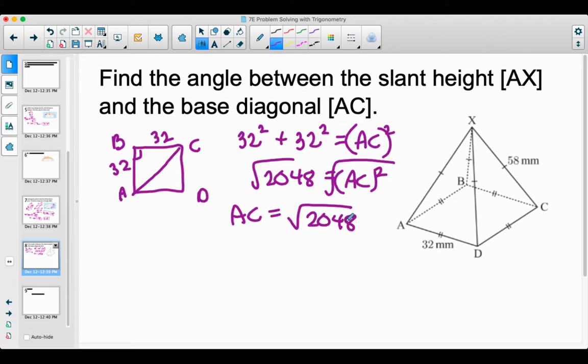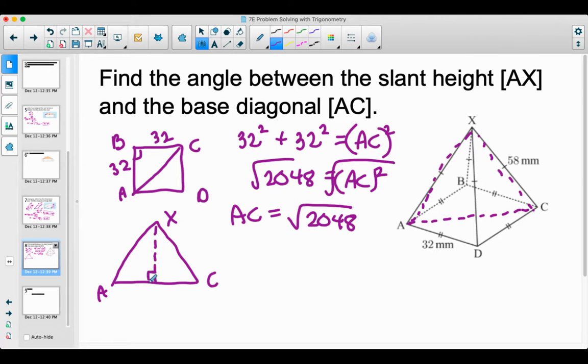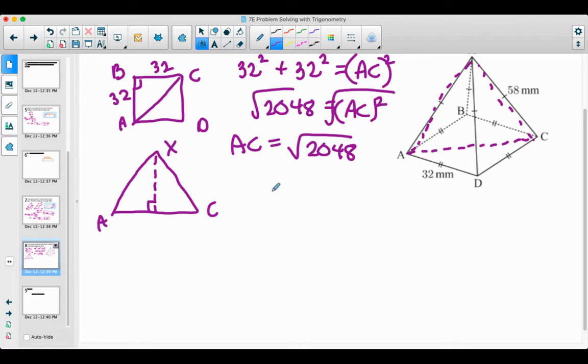Okay, so then we're talking about AXC here. And so if I draw that, AXC, I can drop a perpendicular line here to give me a right angle. We know that this part is going to be half of our square root of 2048, excuse me.